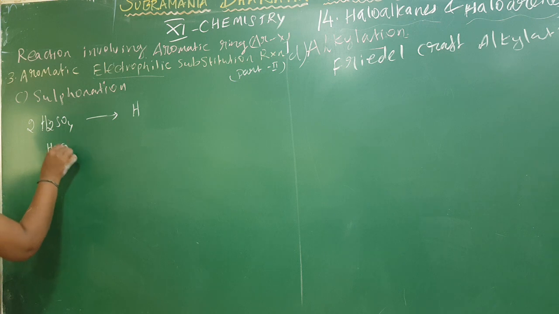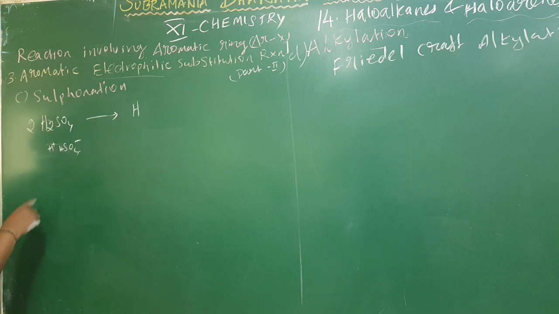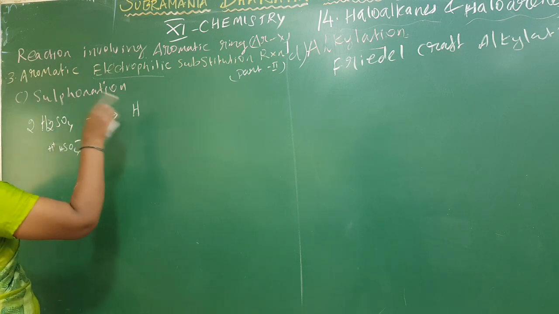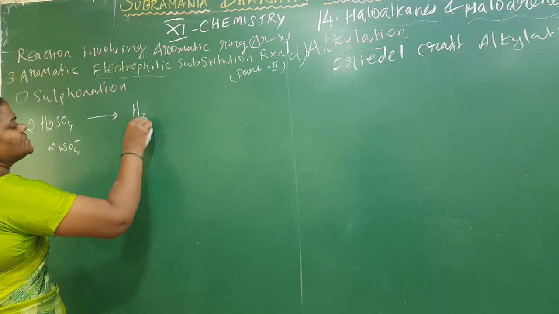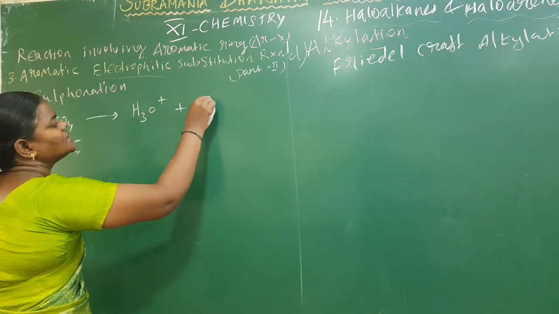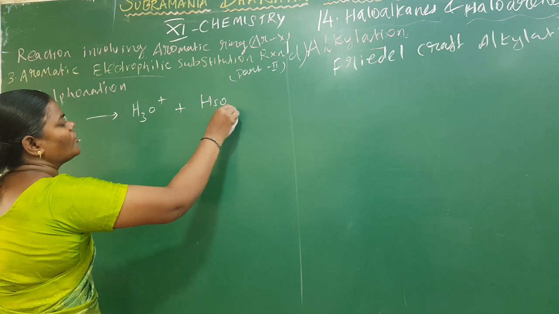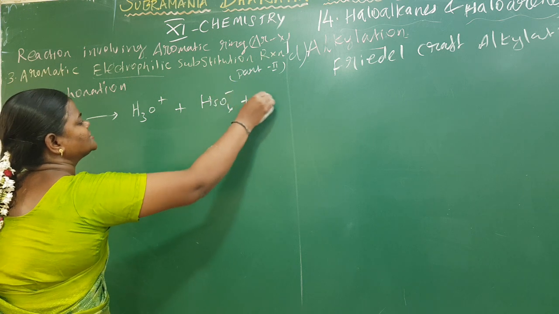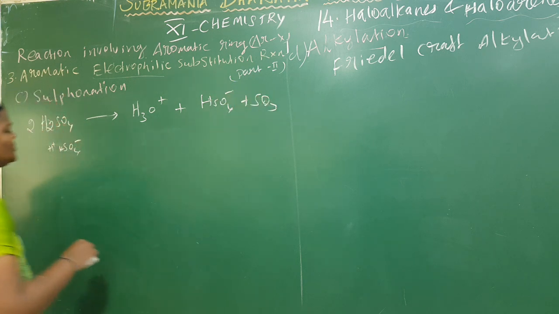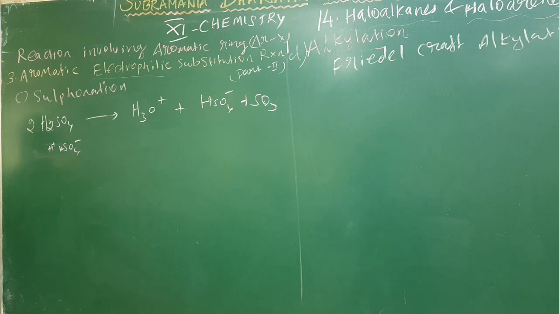So how can you write it? H plus and HSO4 minus. This H plus is attacked by H3O plus, giving HSO4 minus plus SO3.